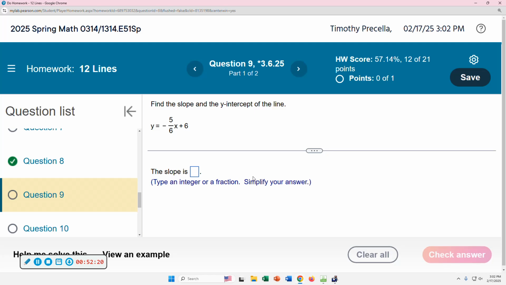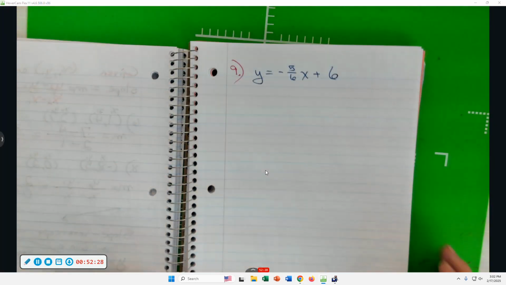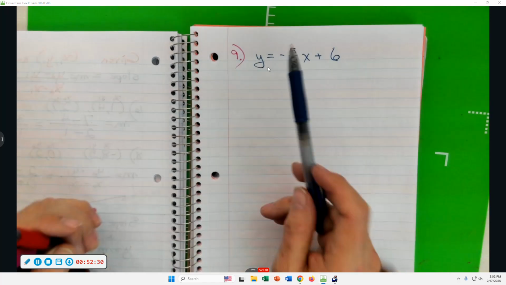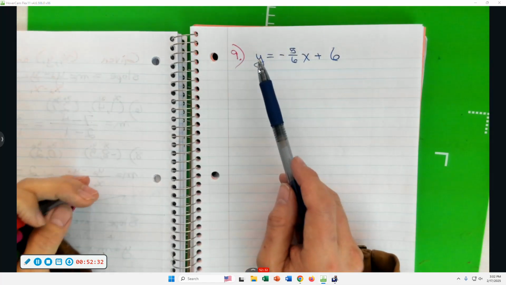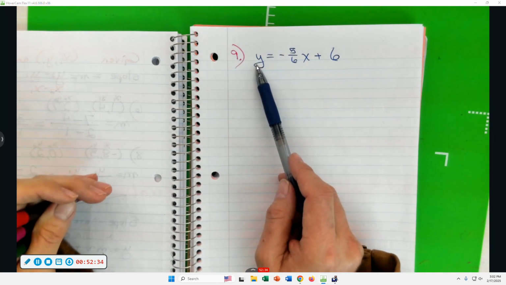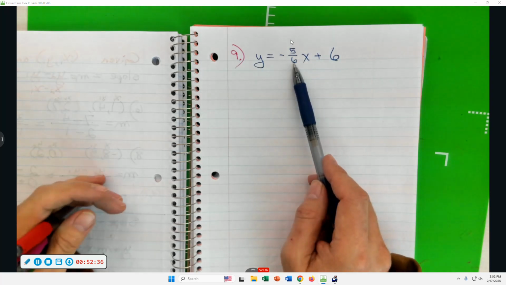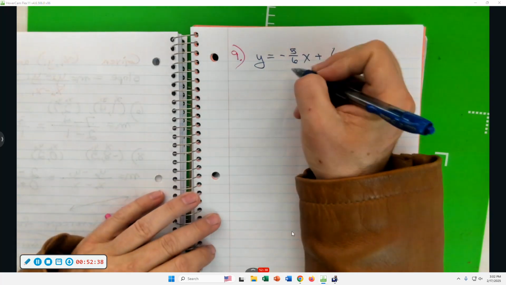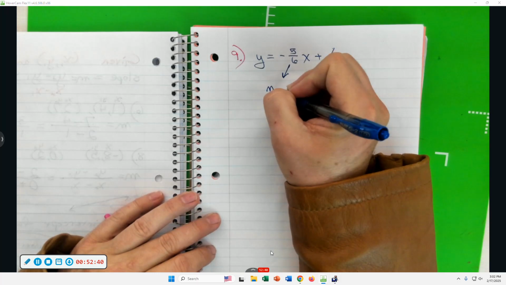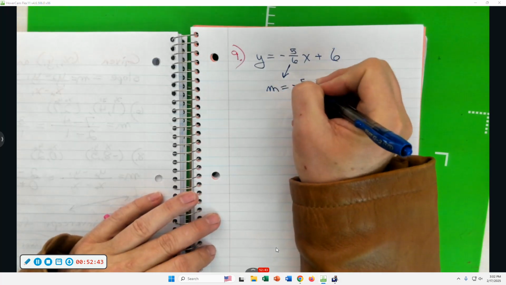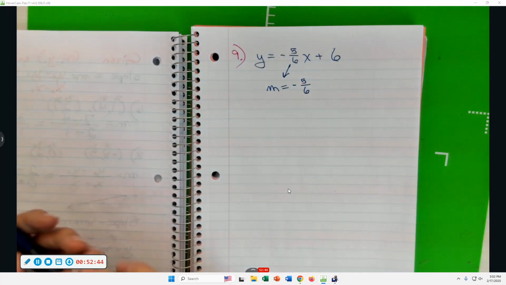We want to find the slope and the y-intercept of the line. When I look at this equation, it's already solved for y. If it's solved for y, then the coefficient of x has to be the slope. So the slope is going to be negative 5/6.